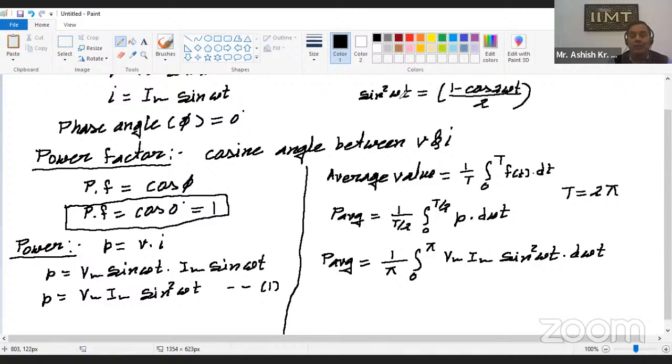We just put 1 minus cos 2 omega t by 2 instead of sine square omega t. This gives 1 upon pi, integral from 0 to pi, of Vm Im, taking 2 common, into 1 minus cos 2 omega t d omega t.